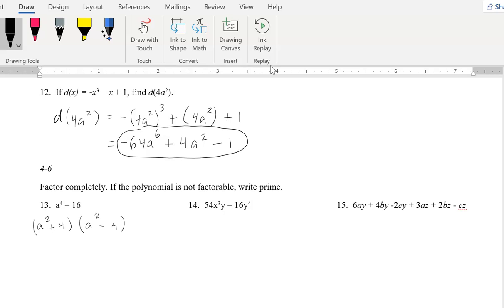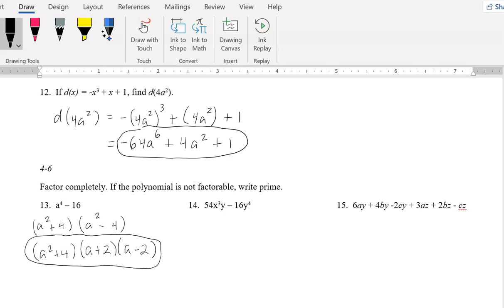You don't have to worry about factoring with the number i. The difference between two squares can be done here. I'm just going to bring this down. Factoring the difference between two squares, that would be a +2 times a -2. And that is considered to be fully factored.